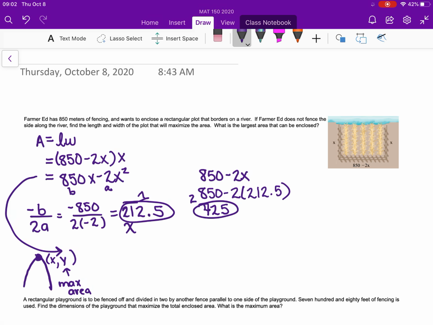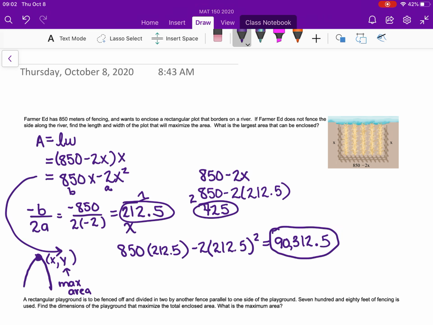If I know the x value, to find the y value, everywhere there's an x, I just sub in that x value. And I should get 90,312.5. I did all these calculations ahead of time, so I know the answers. So there's part 1, part 2, this is part 3, and you have successfully finished 17.